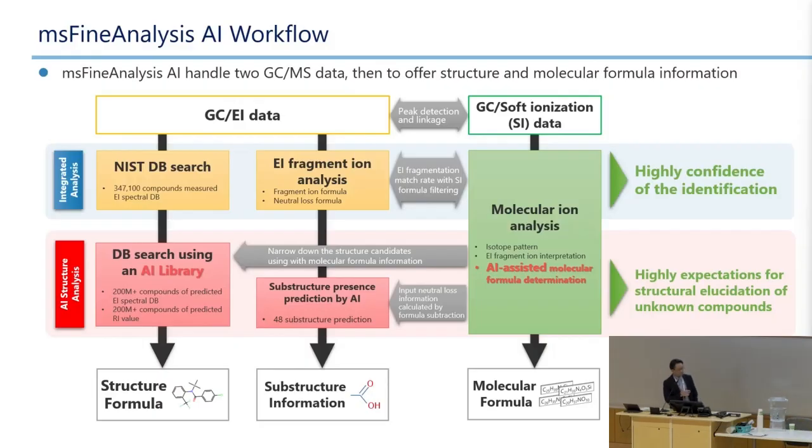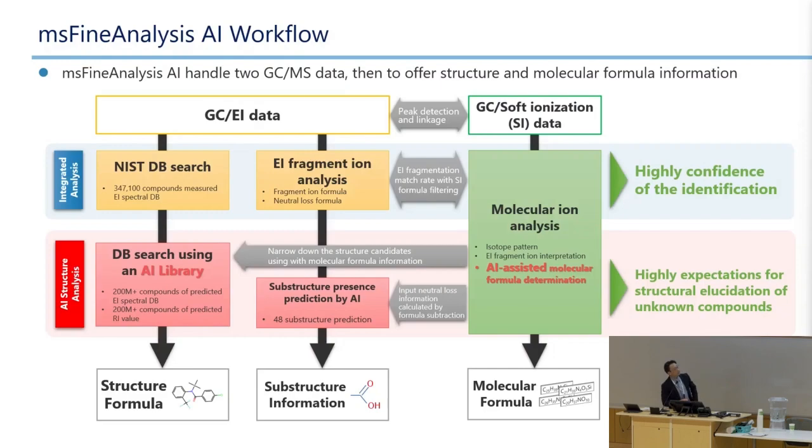In this phase we can do a database search, very similar to the NIST database search, but using our AI library, which has over 200 million compounds. It is huge, so molecular ion information is very useful to narrow down the structures.